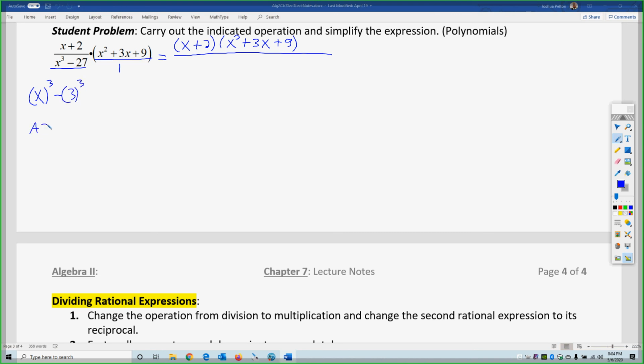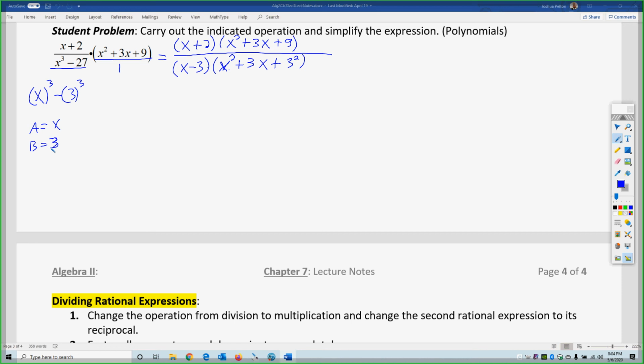Okay, so A is x and B is 3. If I do the difference rule, it's A minus B, A squared plus A times B plus B squared. Because that's a 3.